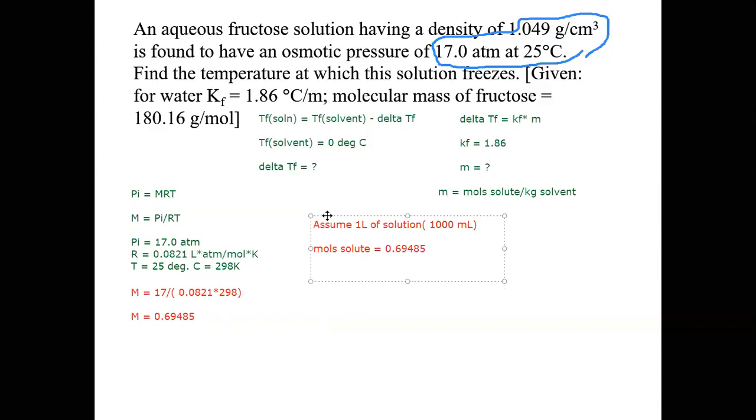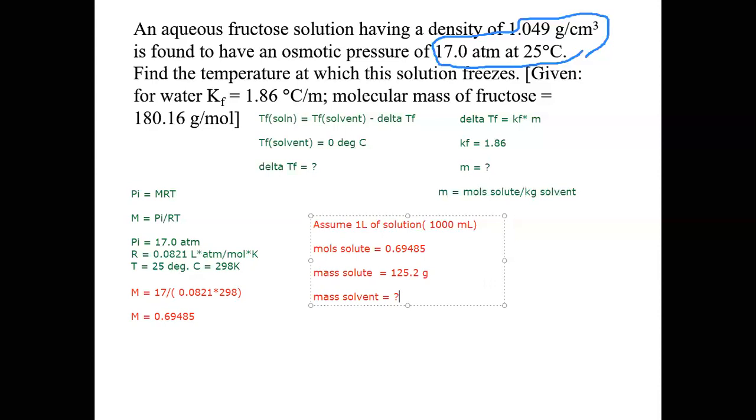Now, if we know the moles of solute, we can find the mass of solute, because we can take the moles times the molar mass. We get 125.2 grams of solute.